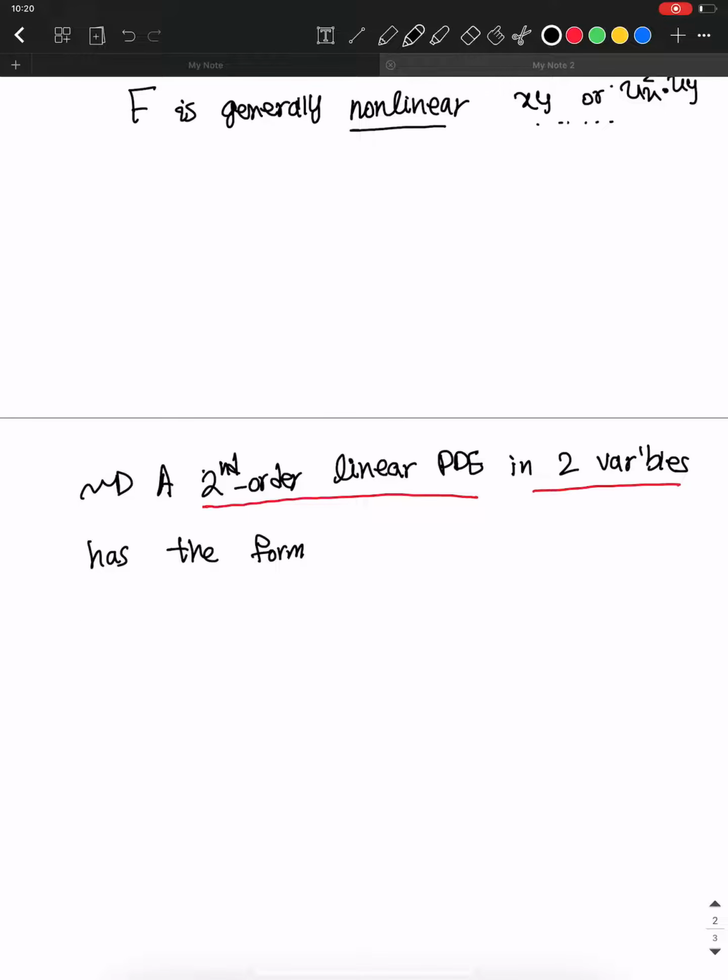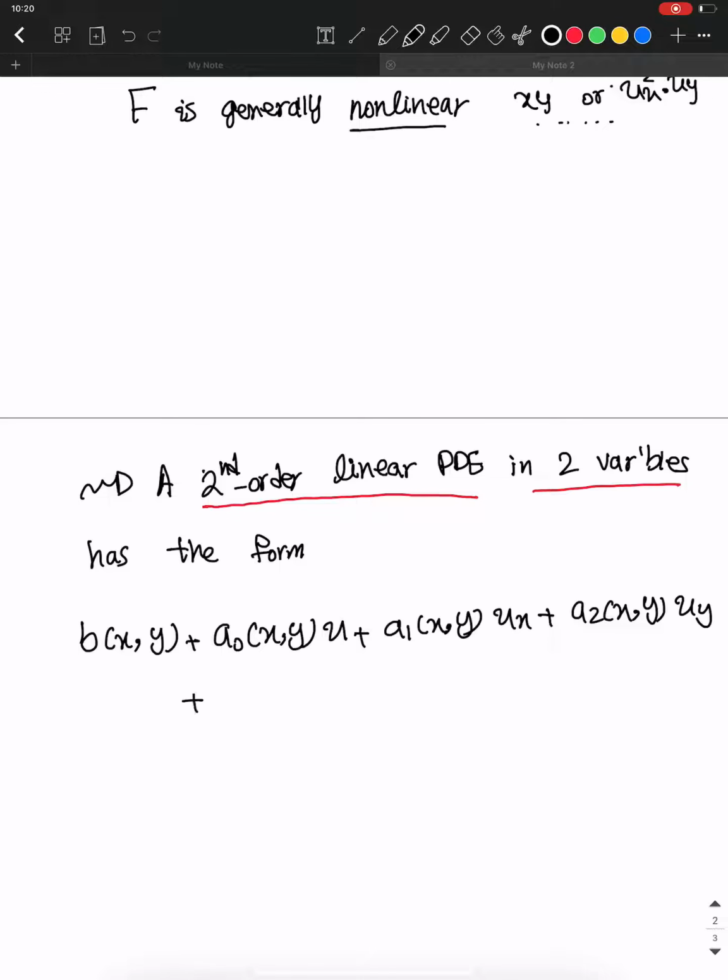So it has the form: b(x, y), which can be a function of x and y, plus a0(x, y) u plus a1(x, y) ux plus a2(x, y) uy, where these are coefficients which can be functions of x and y, plus a11(x, y) uxx, the second derivative of u with respect to x, plus a12(x, y) uxy plus a22(x, y) uyy equals 0.